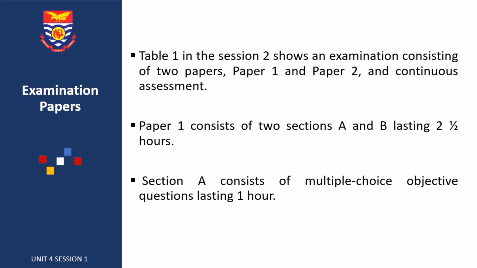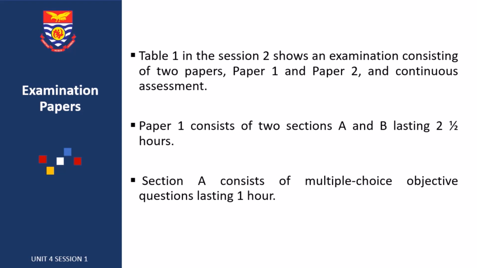Now, examination papers. In Table 1 in Session 2, when we go there, I'll talk more about that. It shows an examination consisting of two papers, Paper 1 and Paper 2, and continuous assessment. The exams you write in school consist of three things: Paper 1, Paper 2, and continuous assessment.